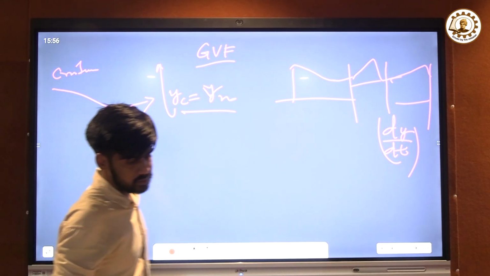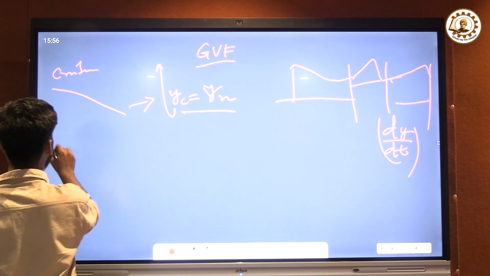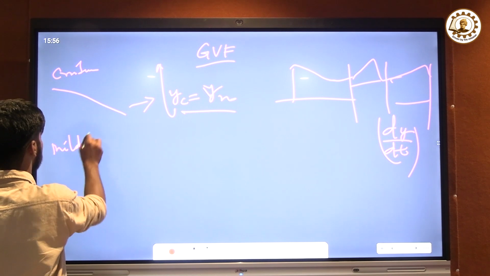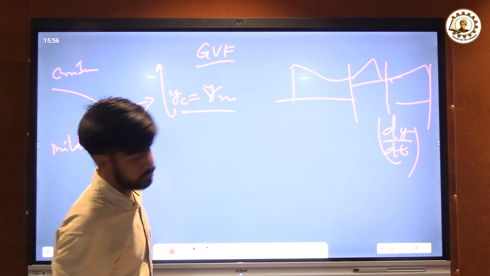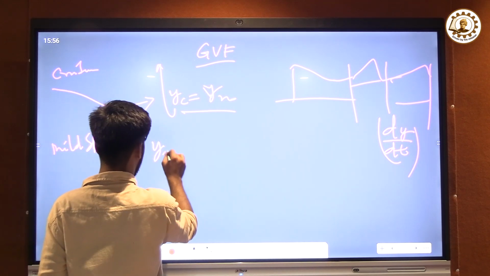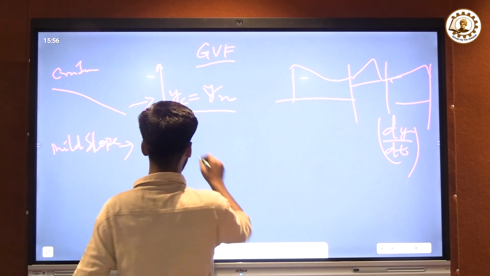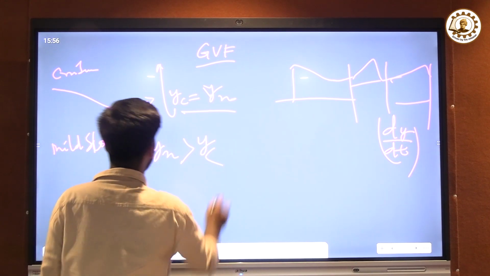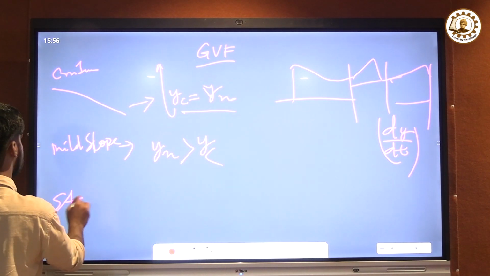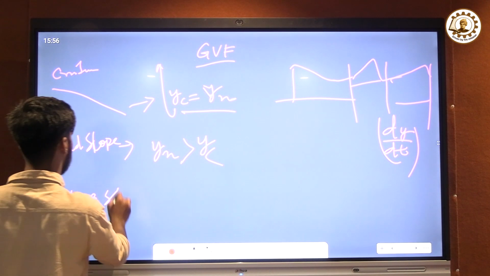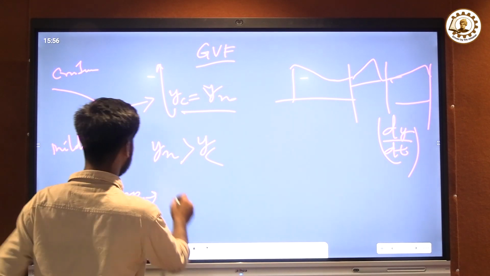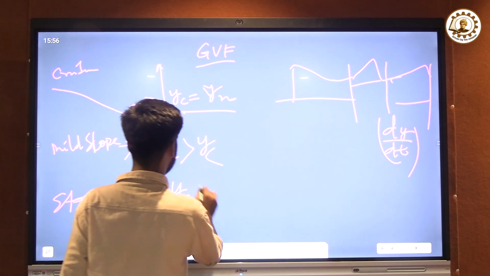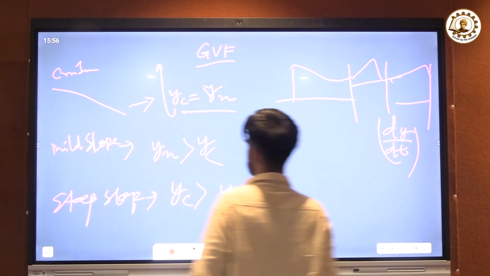Then comes the mild slope. What is a mild slope? A mild slope is where the normal depth of flow is greater than the critical depth. Then comes the steep slope, where the critical flow depth is bigger than the normal flow depth.